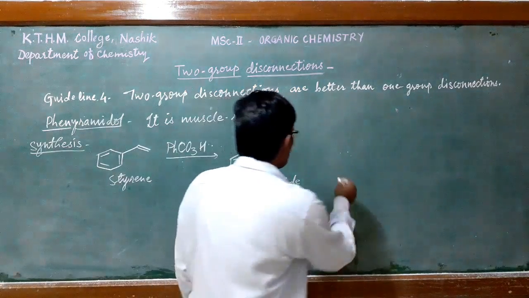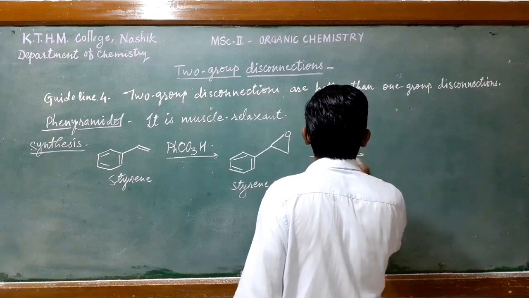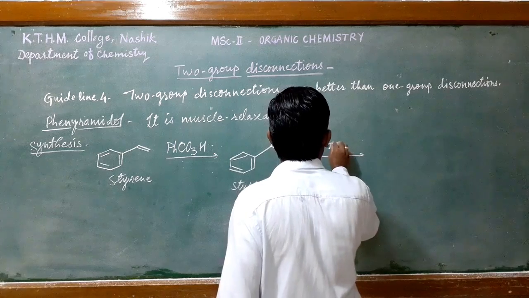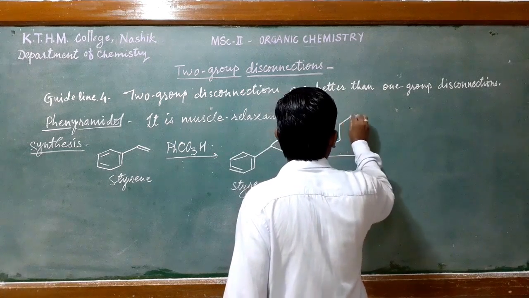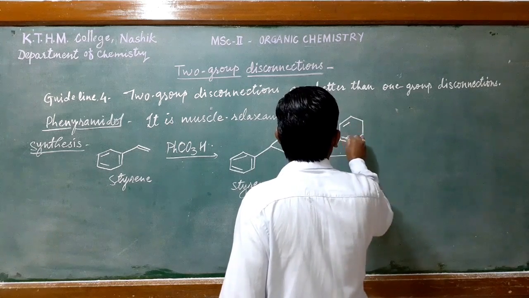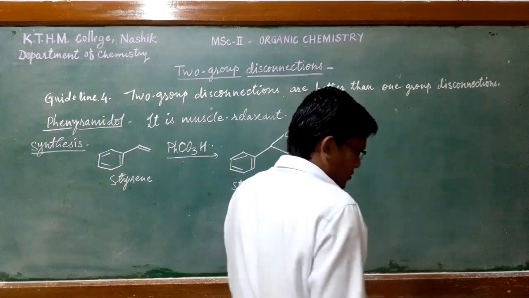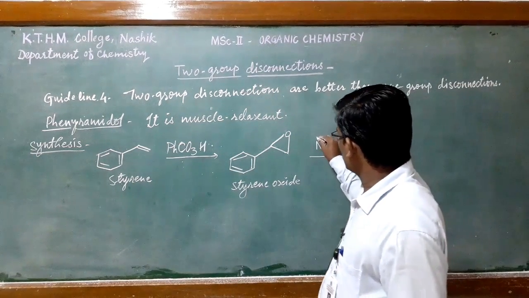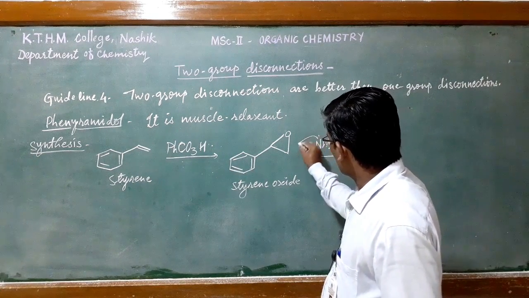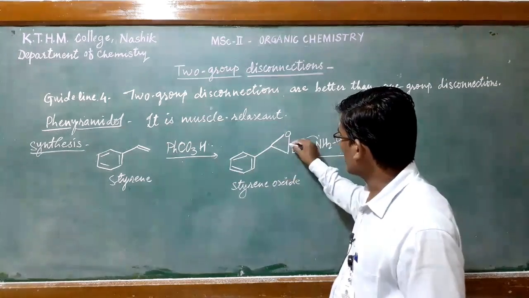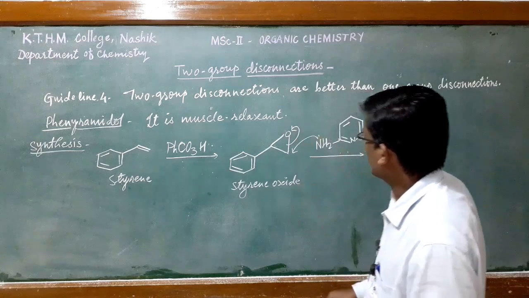Now the next step with 2-aminopyridine. Okay. So this amino group will attack at this less hindered side, this bond will get opened.